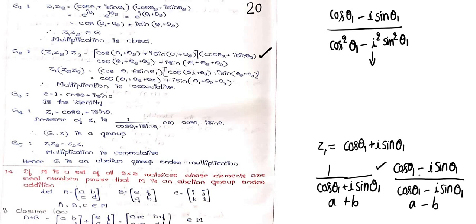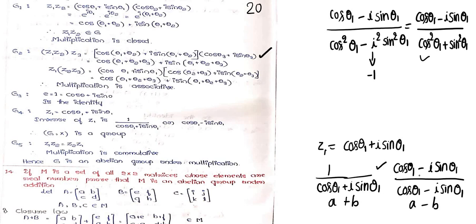We know the value of I square, that is minus 1. Minus into minus is plus. So, this term becomes cos theta 1 minus I sin theta 1 divided by cos square theta 1 plus sin square theta 1.